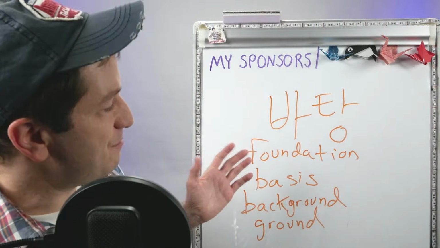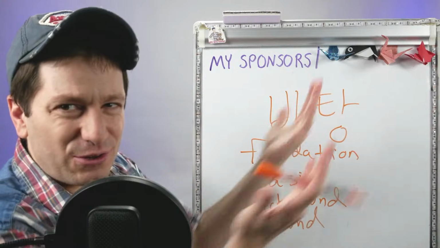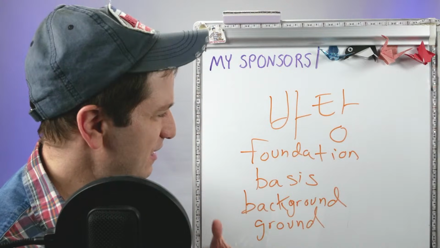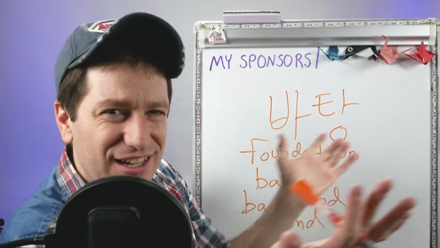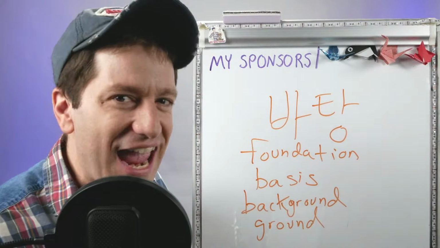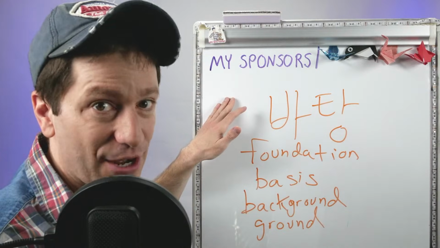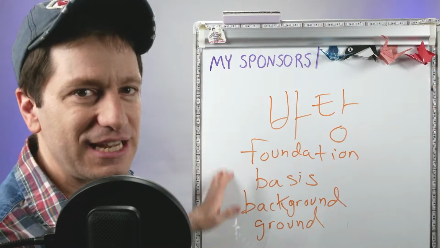It's just a noun that means foundation or basis, or like the background or the ground for something, right? Just something's foundation, what it's founded on, what its background is, that sort of vague meaning. So this is an abstract noun that has all of these meanings.